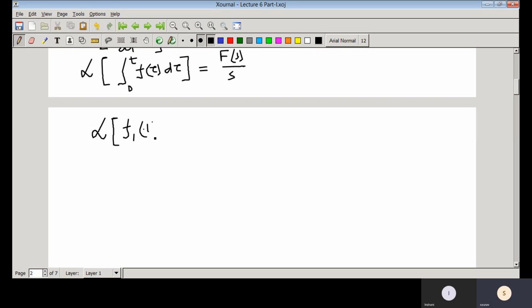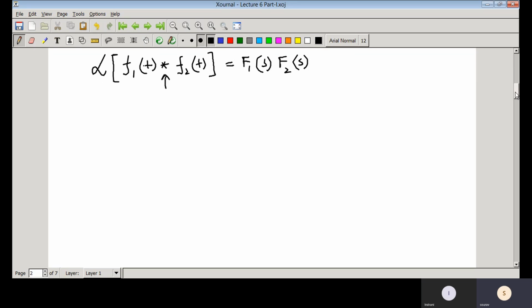So here f1(t) is a function or signal and f2(t) is another signal, and this star is the convolution. Then that would be F1(s) times F2(s), where F1(s) is the Laplace transform of f1(t) and F2(s) is the Laplace transform of f2(t).